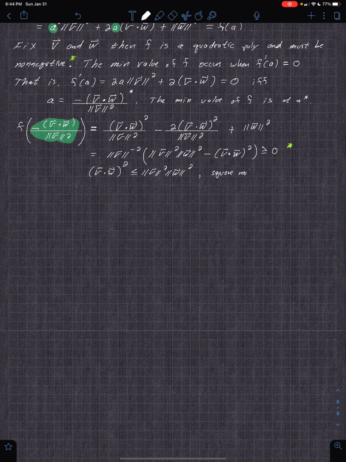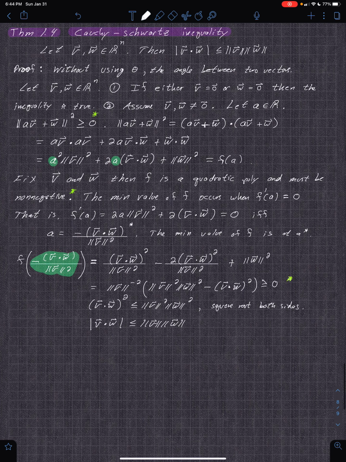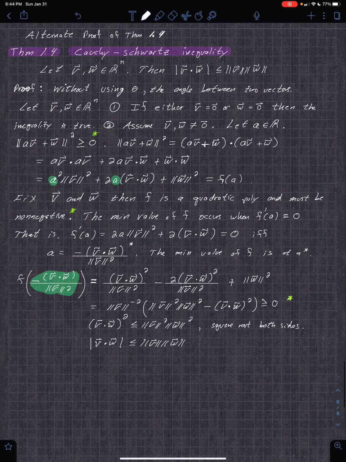So square root both sides and you have it. So if you do the square root of a square, you get absolute value anyway. So you get v dot w in absolute values is less than or equal to magnitude v magnitude w. And that proves Cauchy-Schwarz inequality without using an angle between them.